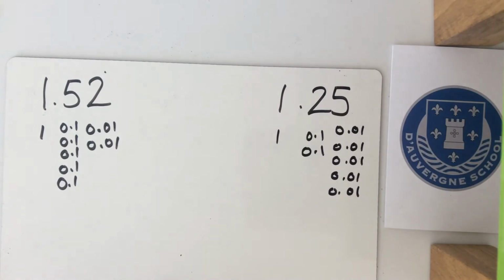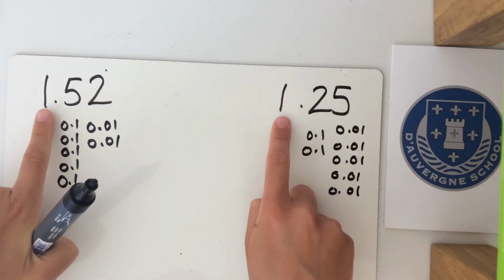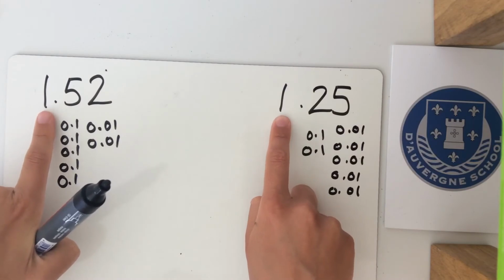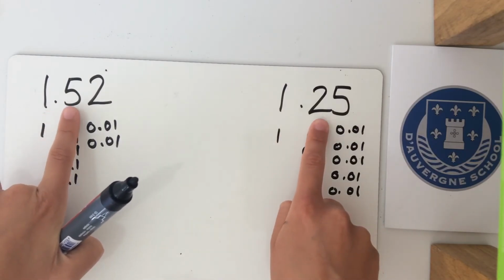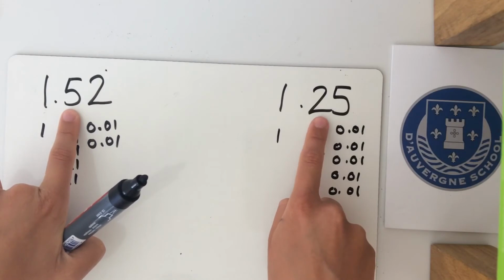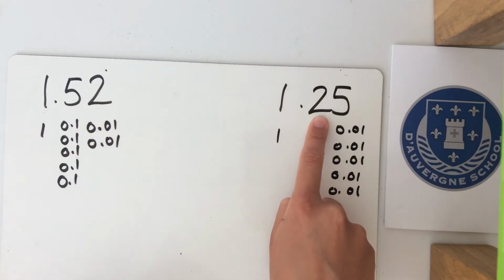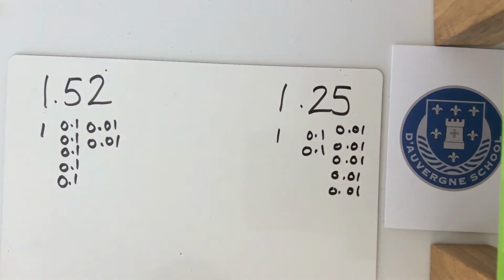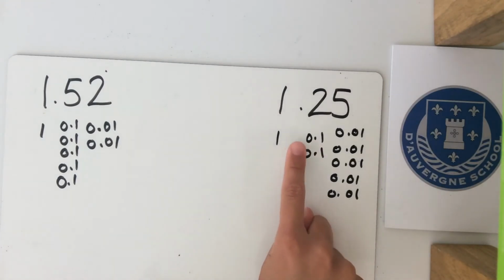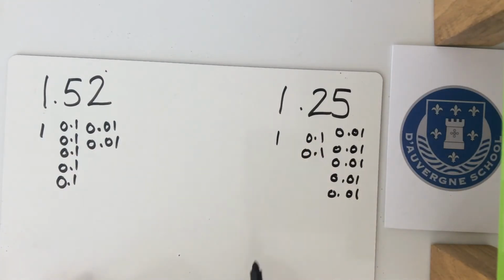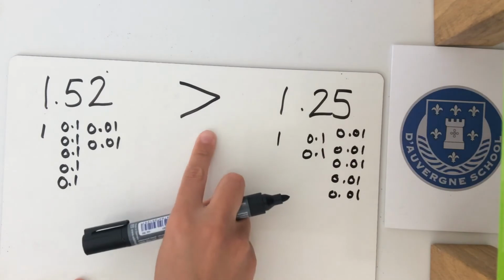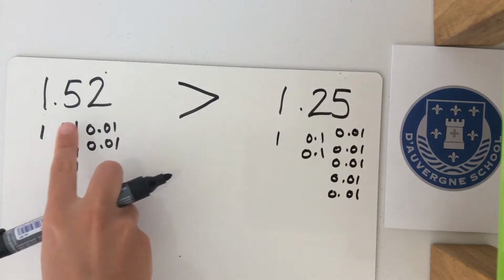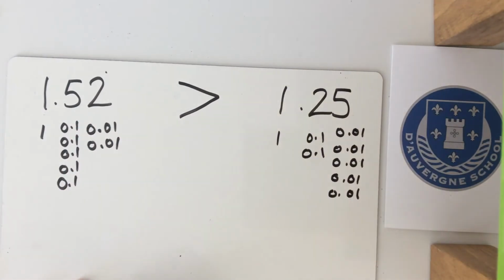Which number is smaller? So we look at our ones column first. They've both got 1 in the ones column, so we move to the tenths column. We've got 5 tenths and we've got 2 tenths. Which one's smaller? The 2 tenths. Okay, so we know now that 1.25 is smaller than 1.52. So my crocodile eats the bigger number. 1.52 is greater than 1.25.